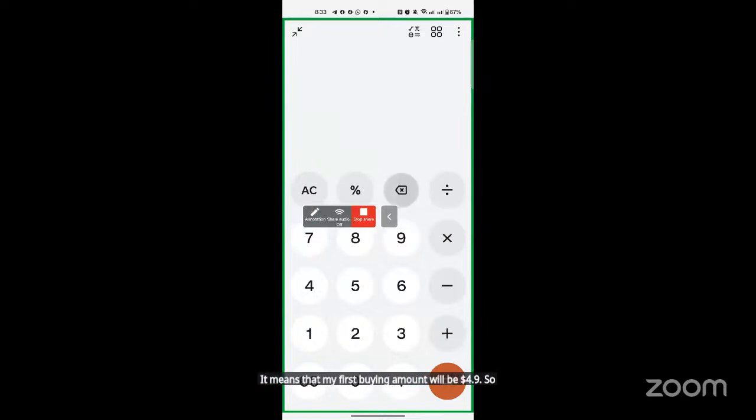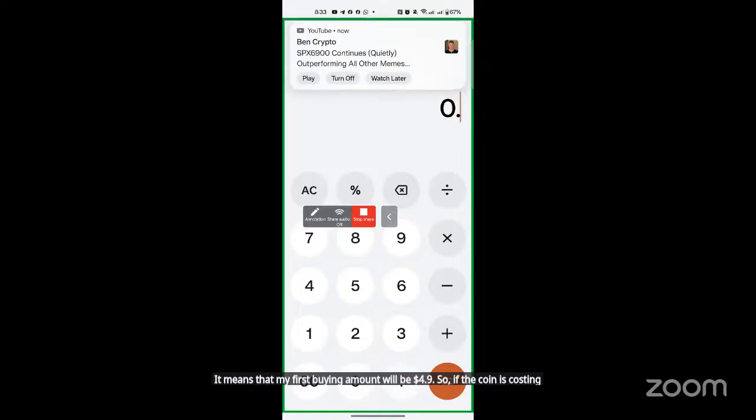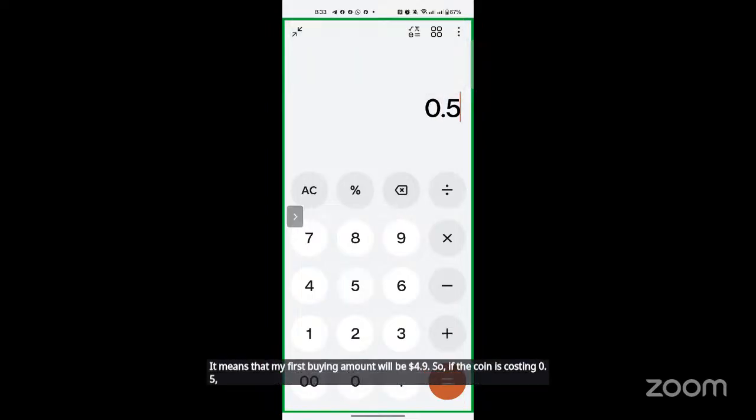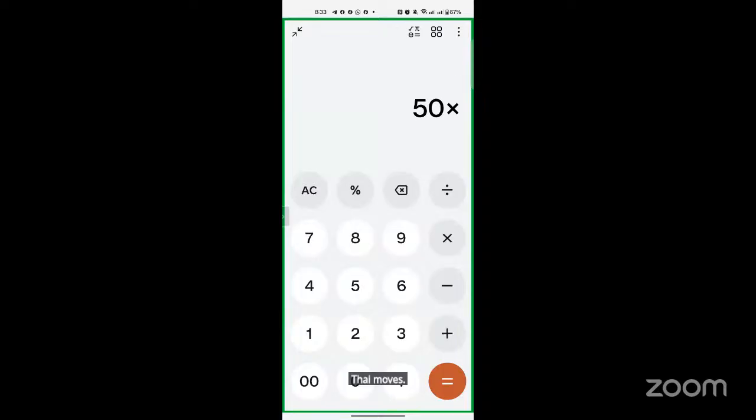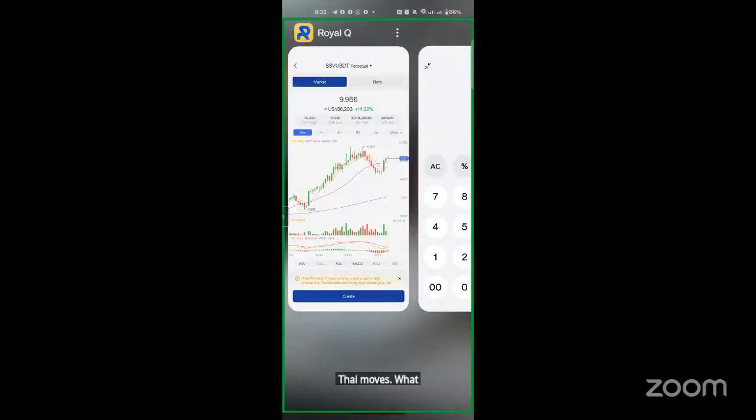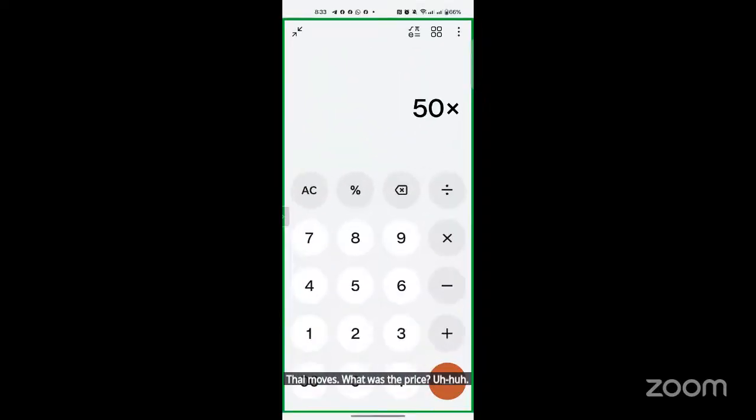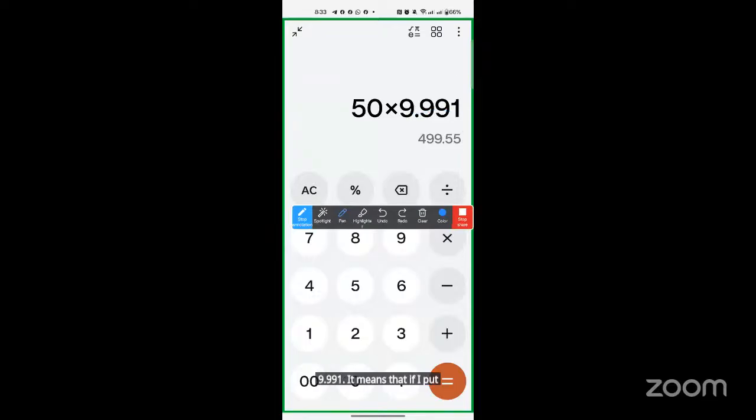So if the coin is costing 9.991 and I have 50 coins, times 9.991, it means that if I put 50, my first buying amount will be 499 USDT. Is that hard to find?